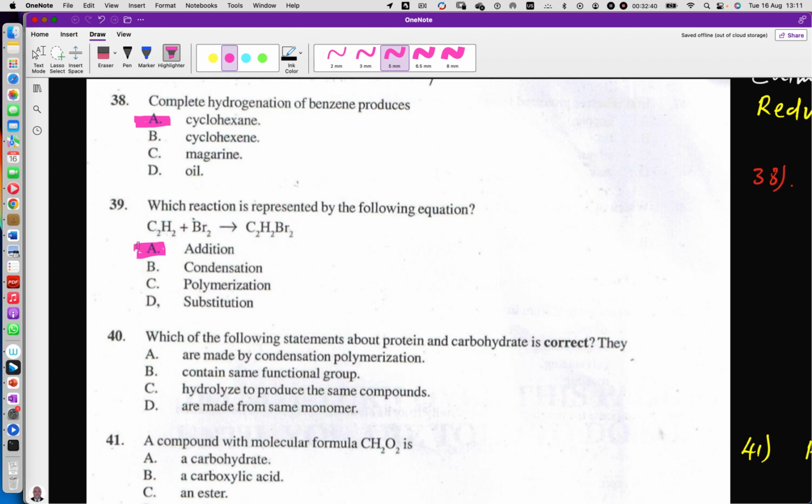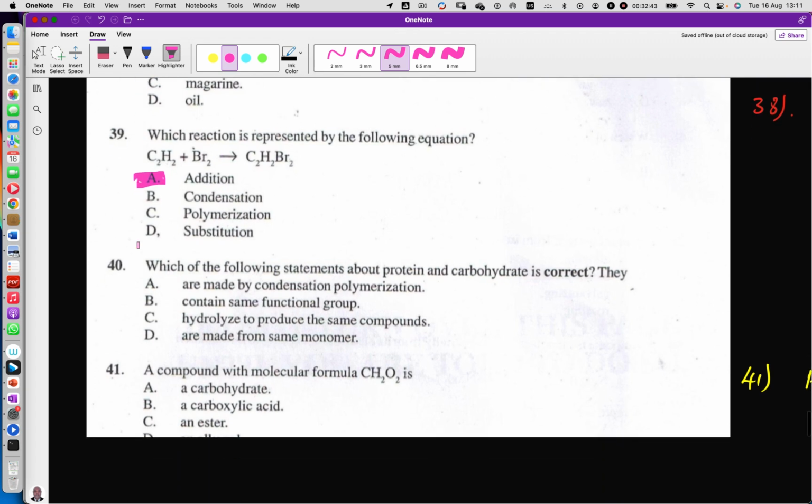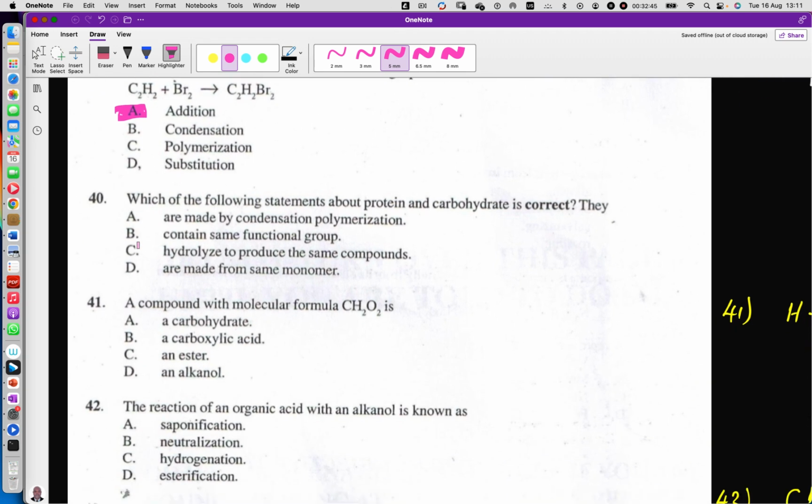Now, for 40, which of the following statements about protein and carbohydrate is correct? They are made up by condensation polymerization.